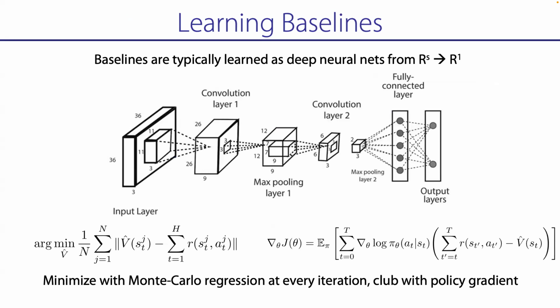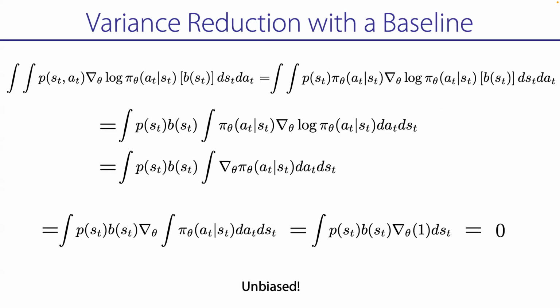Typically what most people do in practice is that this thing doesn't tell us what the optimal B should be. It doesn't tell us what the optimal value function of the baseline should be, what is the thing that most reduces variance. It just says that no matter what B you introduce, it'll remain unbiased.